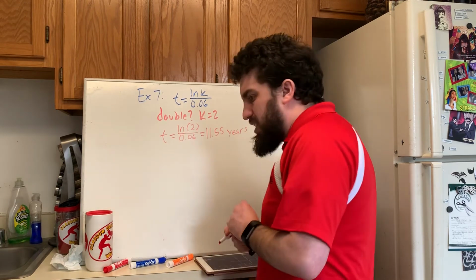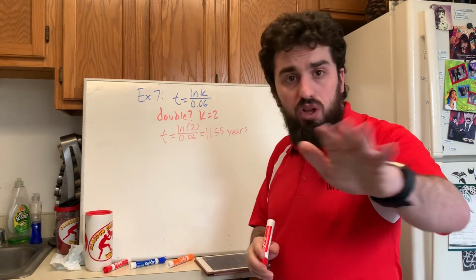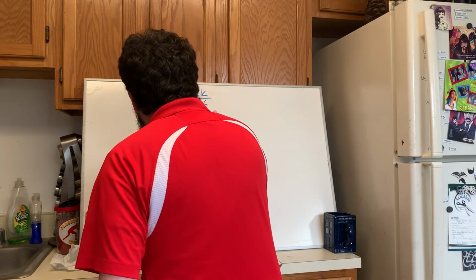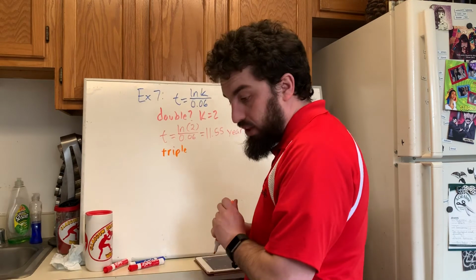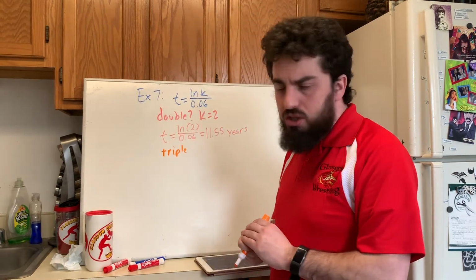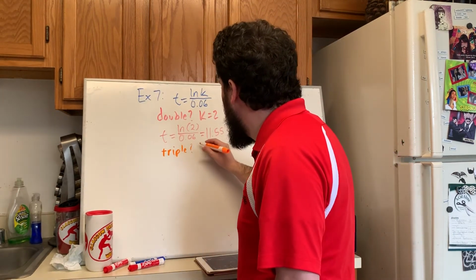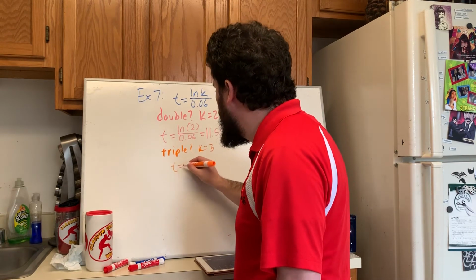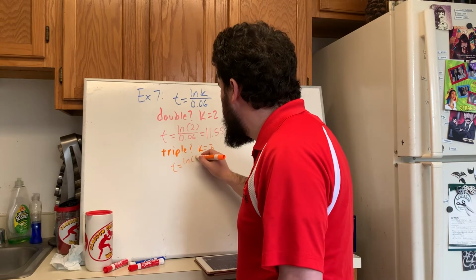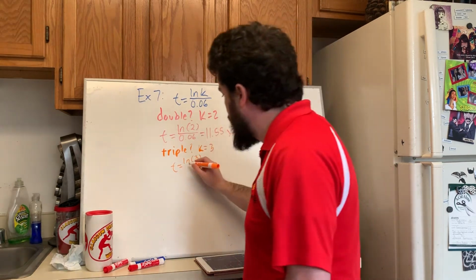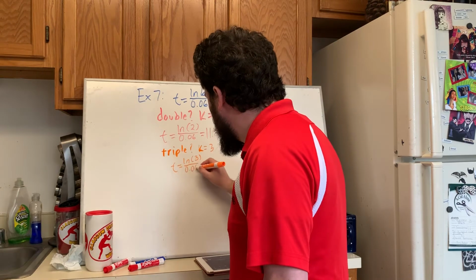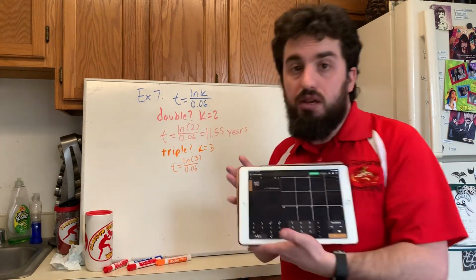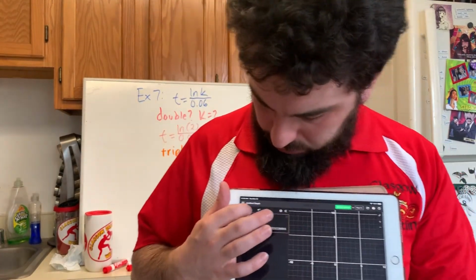Now, the next thing it asks is how long will it take to triple? So the next question said triple. And in order to do that, we are just going to say K equals 3. So all I have to do is adjust what's inside the ln from 2 to 3. And that's the nice part about me doing this, is I can just literally edit the equation we just typed in.